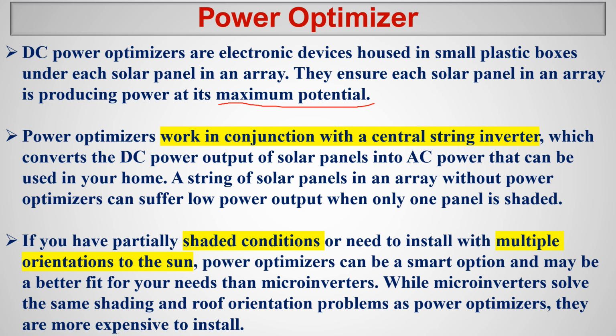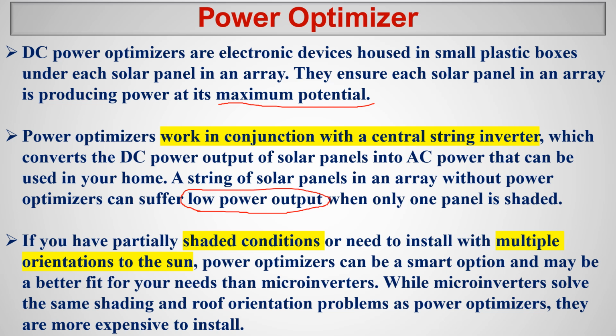The power optimizer works in conjunction with the central string inverter, which converts the DC power output of the solar PV. The string of solar panels in an array without a power optimizer can suffer low power output. If you do not have a power optimizer, the output may go low.